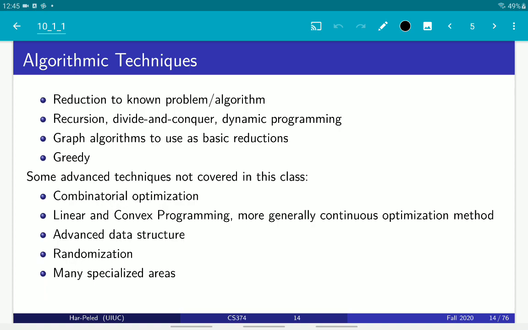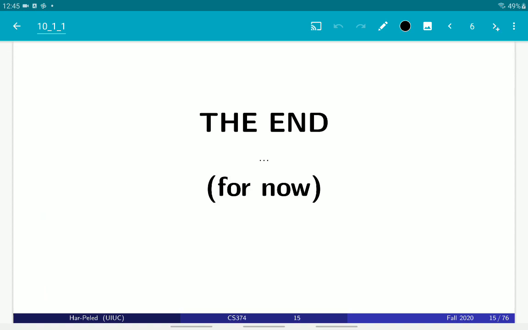So it's really going to be only a taste of the techniques. There are a lot of other techniques we will not touch, especially things like network flow, linear programming, rounding, approximations, etc. If by the end of this class you feel like you want to know more, there are a lot of follow-up classes you can take. The first one, of course, is 473, and then there are various other classes like randomized algorithms and so on. Okay, this is it for now.